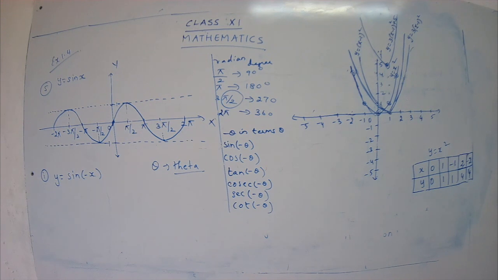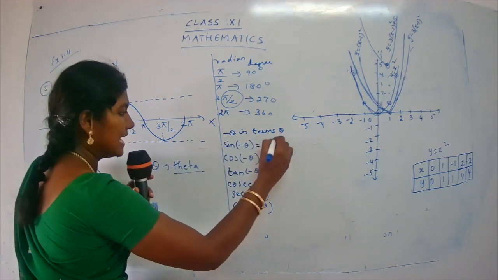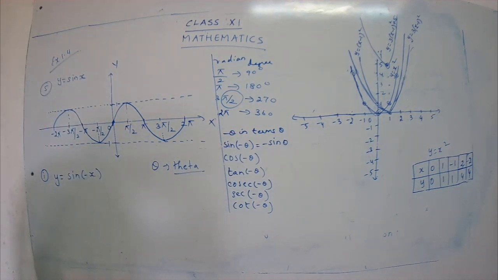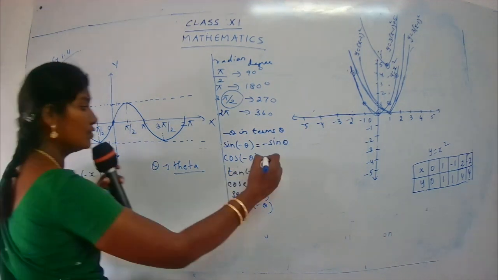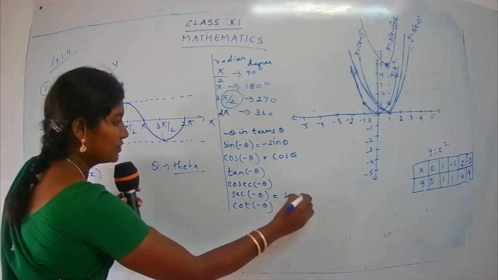So let's see how to go for the conversion. If you have sine of minus theta, it changes to minus sine theta. Here only 2 things: cos of minus theta becomes cos theta, and sec of minus theta turns out to be sec theta.